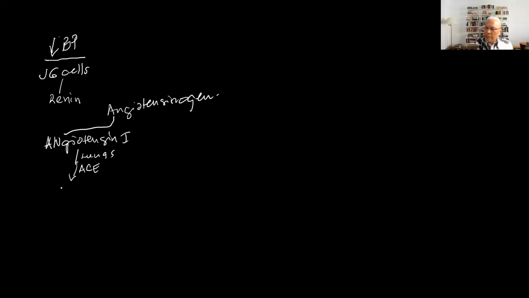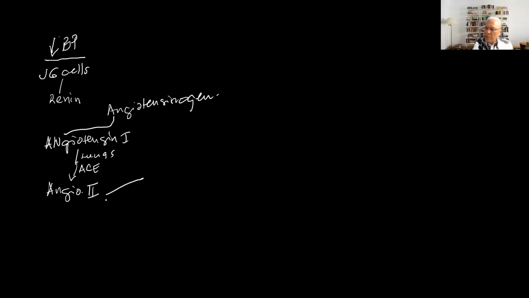Angiotensinogen, which is present in the liver, will now be activated to angiotensin 1, and this circulates into the lungs, and in the lungs, ACE is going to be released, and this converts angiotensin 1 to angiotensin 2.